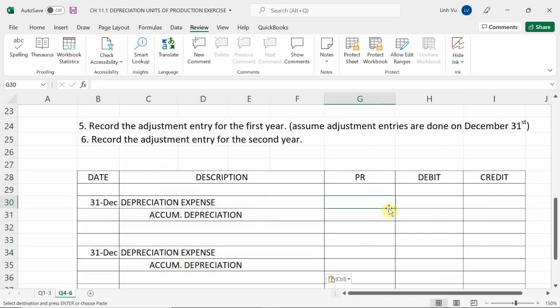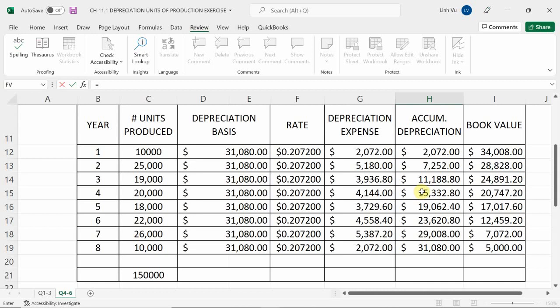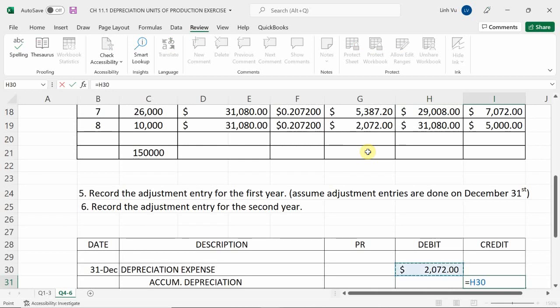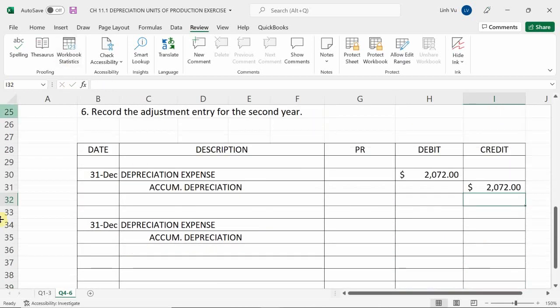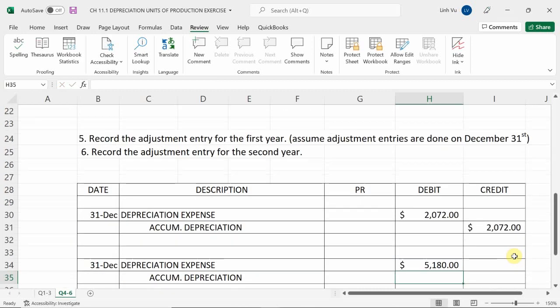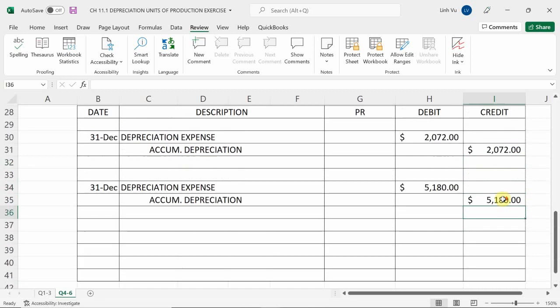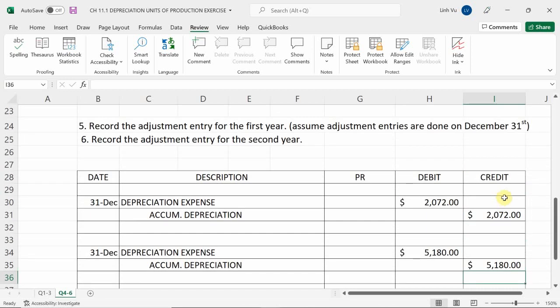So for the first year, how much depreciation expense? $2,072. Good. And what was my depreciation expense for the second year? $5,180. Good. All right. Any questions here?